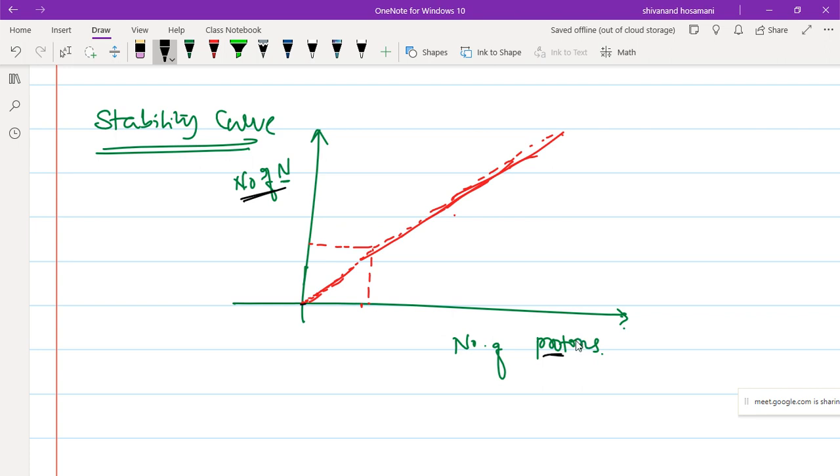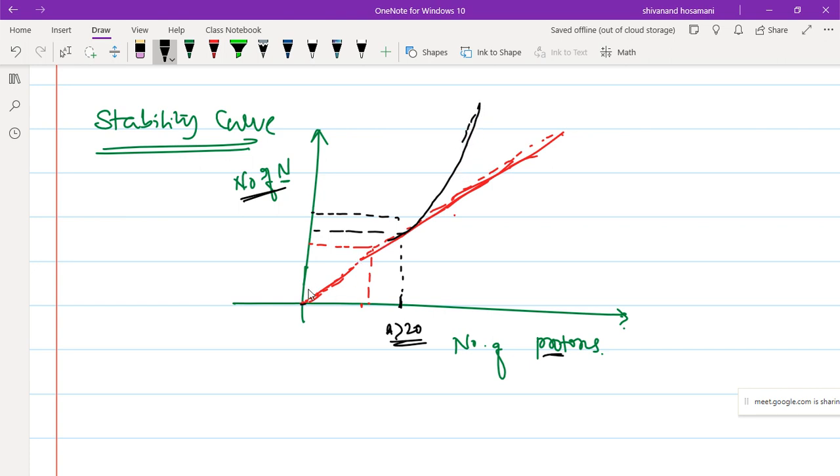But if you go to the elements which are greater than 20, for example, if I take this graph, I will define Z equal to 20, A equal to 20 means Z equal to 10, right? For elements greater than 20, they are going to have more protons and more neutrons, and they are going to deviate from this stability graph, like this. That is the practically observed curve.